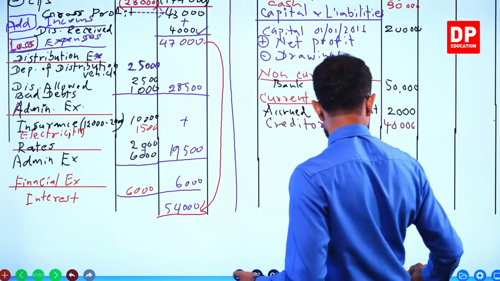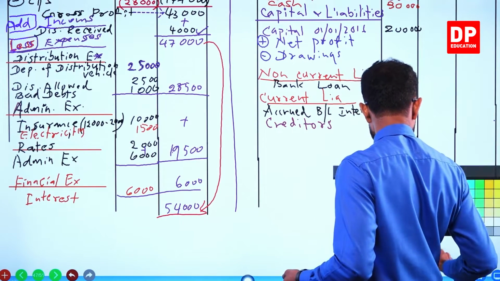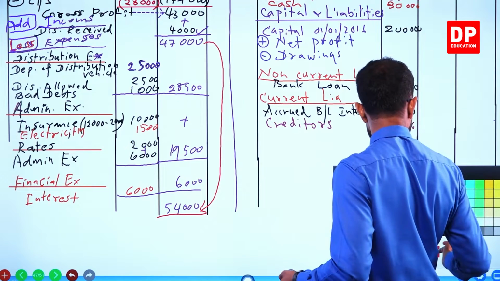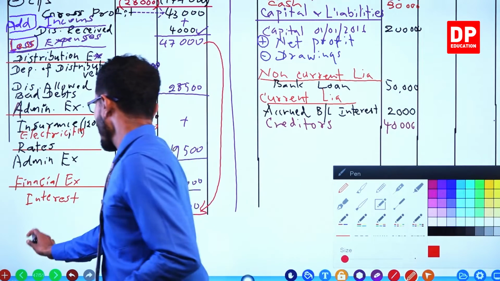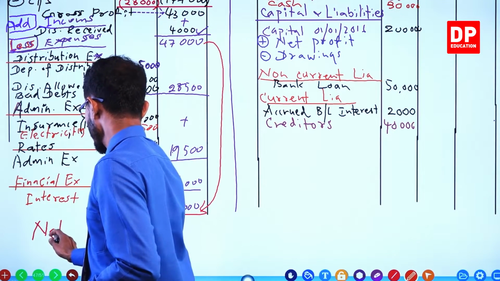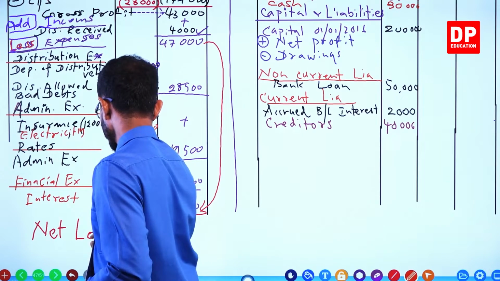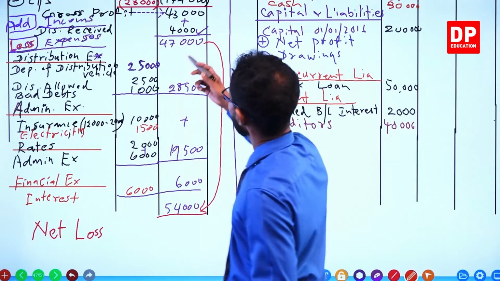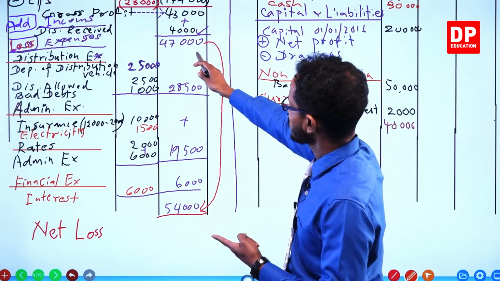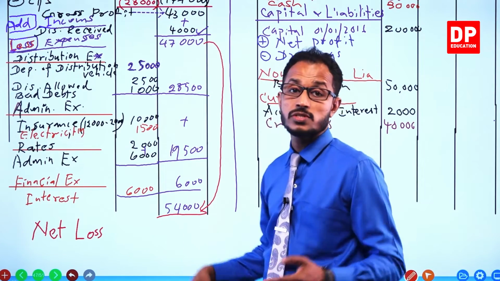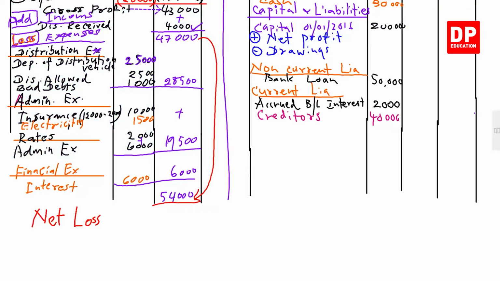Let's do the calculation and let's mention the loss. Net loss for the period, how much? 47,000 minus 54,000. That means it's a loss. 7,000 is a loss.